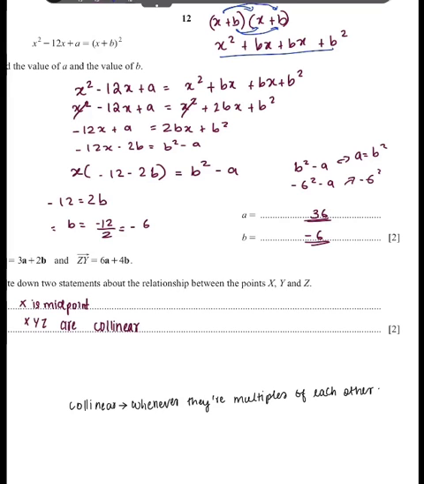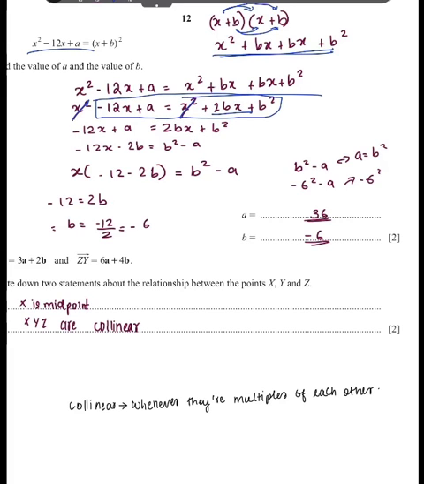Then we have x squared minus 12x plus a, which is equal to this part. So we can cancel out the x squared. Then we remain with bx plus bx, which is 2bx. So we remain with minus 12x plus a is equal to 2bx plus b squared.